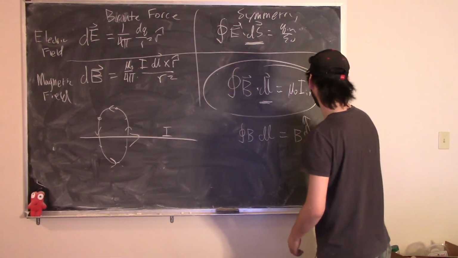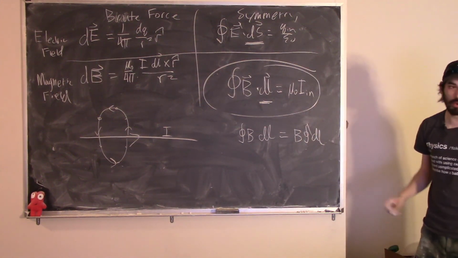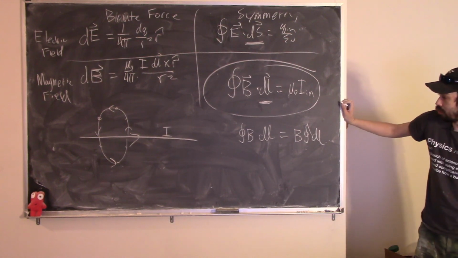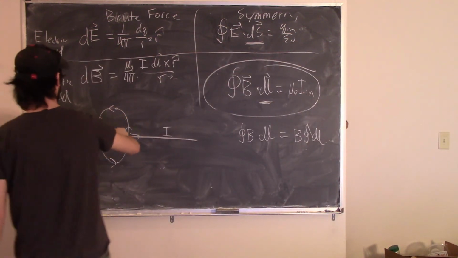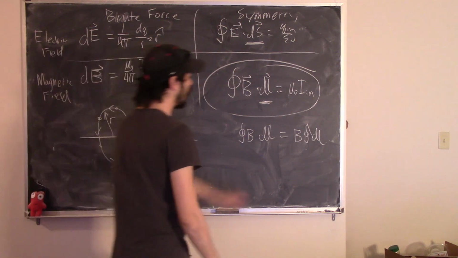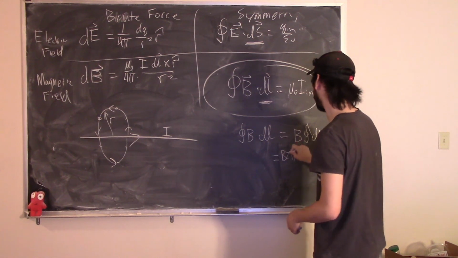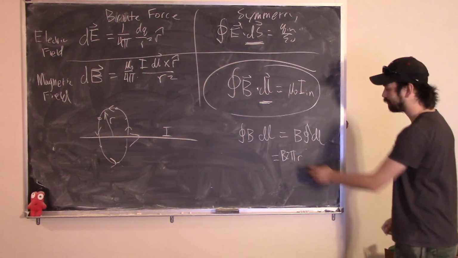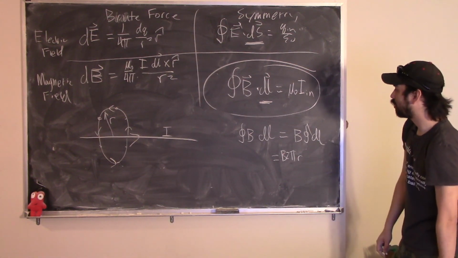B integral dl. And the integral of dl is just going to be the total length of the loop. And here, this is just some circle with radius r. And so the total length of the loop is just the circumference. So it's B times 2 pi r.